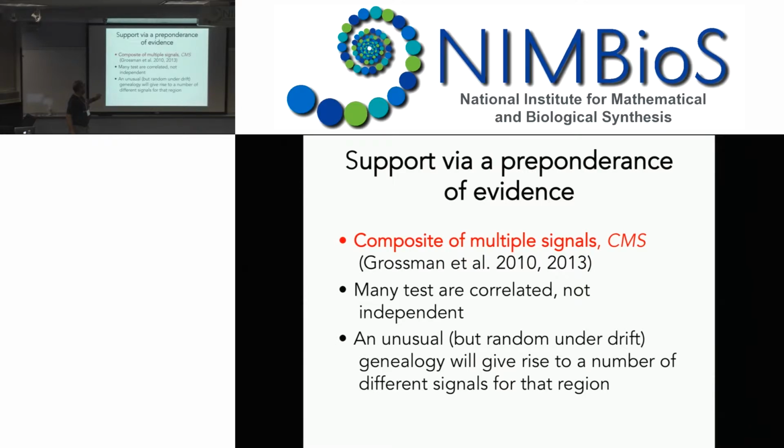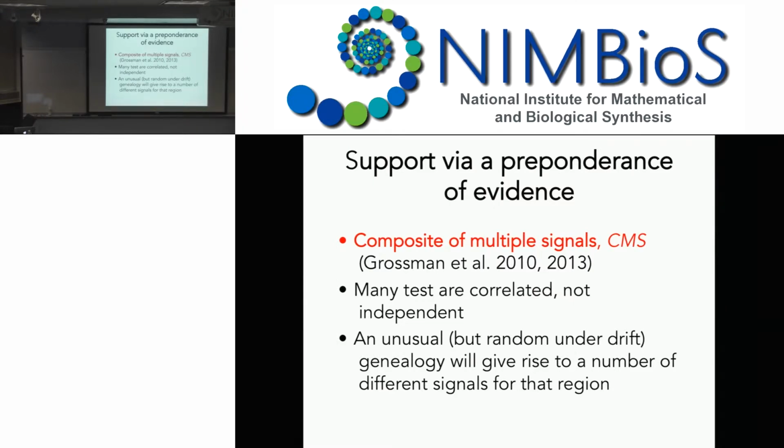The problem is many tests are correlated, not independent. If I do five different site frequency spectrum tests on the data, I expect those to be correlated. But if I do a site frequency test, an FST test, and a cross-population test, those are a bit more independent, and I maybe feel better about the evidence.